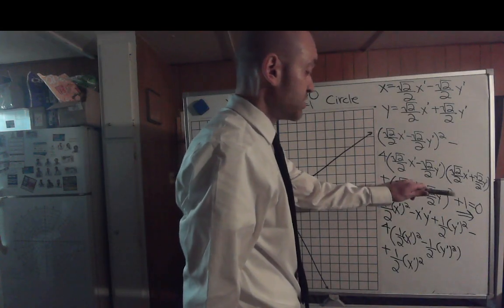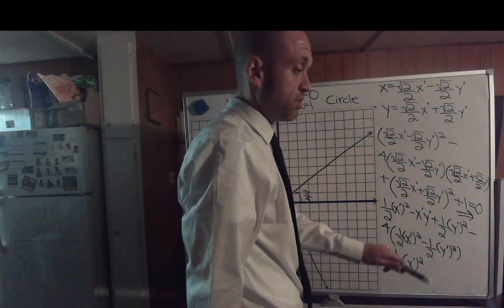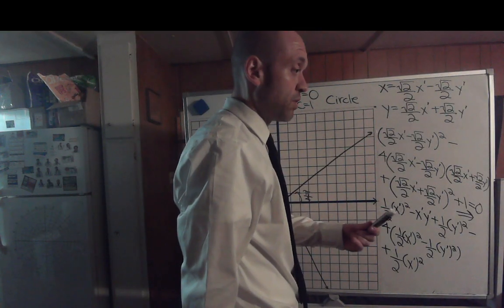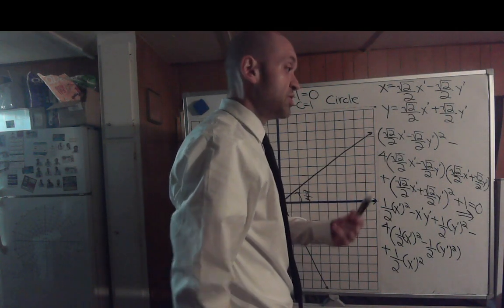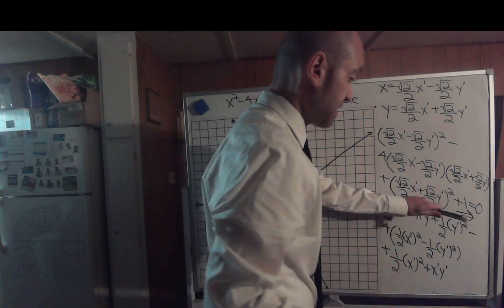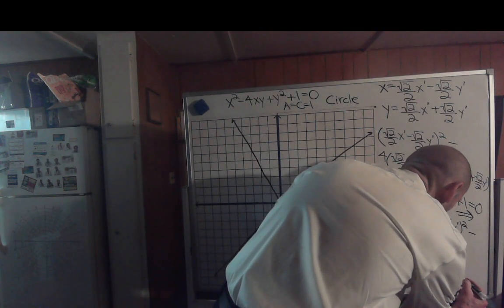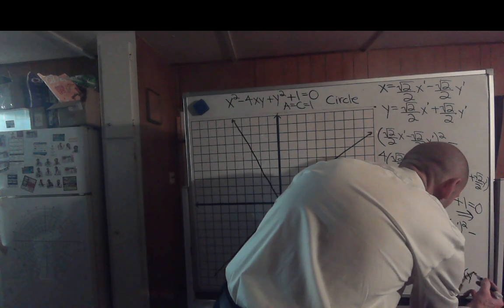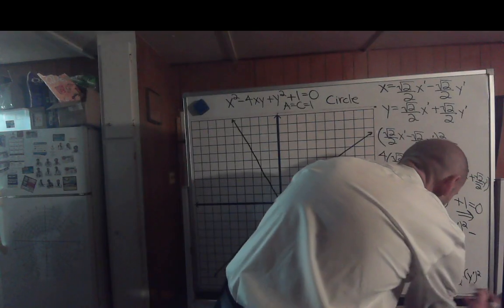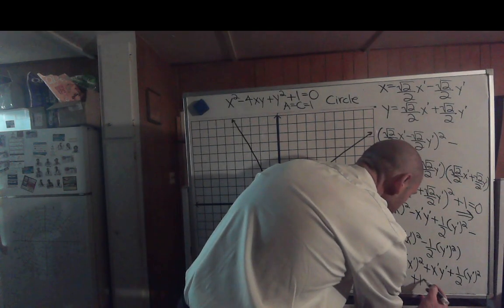So square root of 2 over 2 times square root of 2 over 2 is 2 over 4, times 2 is 4 over 4. That's just plus x prime y prime. And then you square the second term, you get 2 over 4, which is plus 1/2 of y prime squared, plus 1 equals 0.